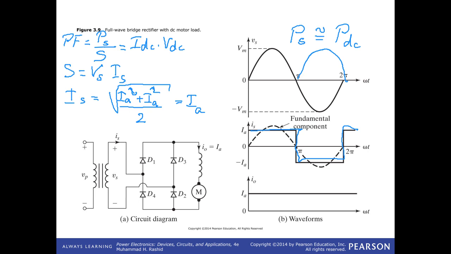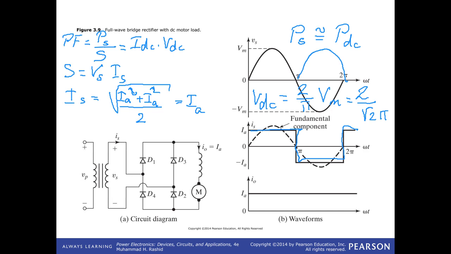What is VDC here, by the way? VDC is equal to 2 over pi Vmax. That is equal to 2 over square root 2 times pi.